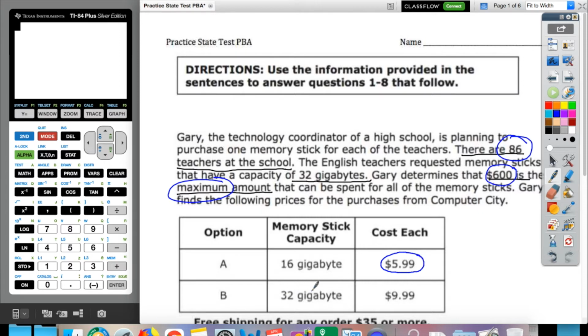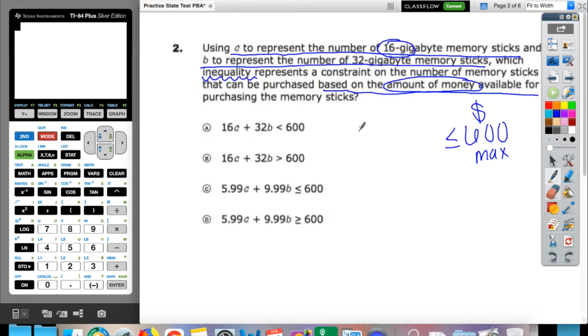And 32 gigabytes were $9.99. So we can put those with the appropriate letter. $5.99 for 16, which is A, and $9.99 for 32 gigabytes, which is B. So that is going to match C.